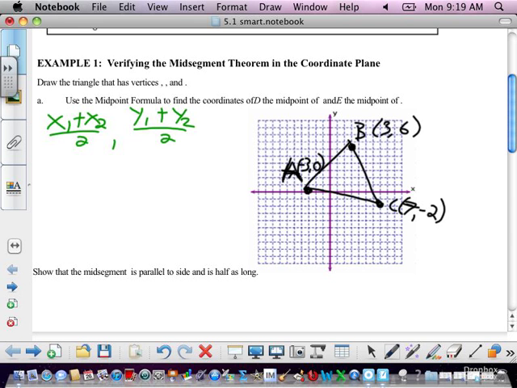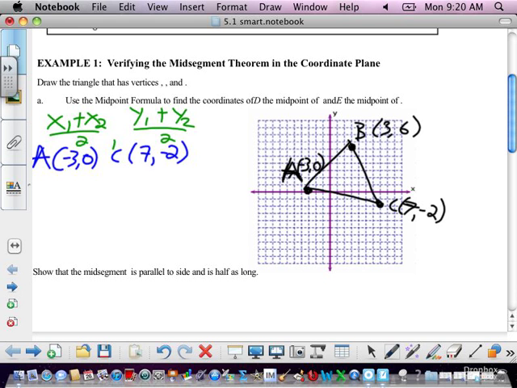All right. I want to find the midpoint of A to C first. A is negative 3, 0, and C is 7, negative 2.